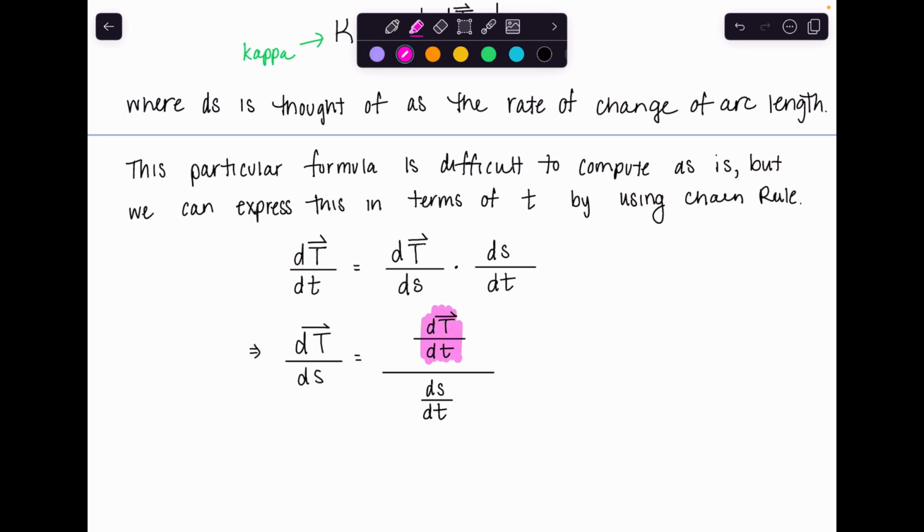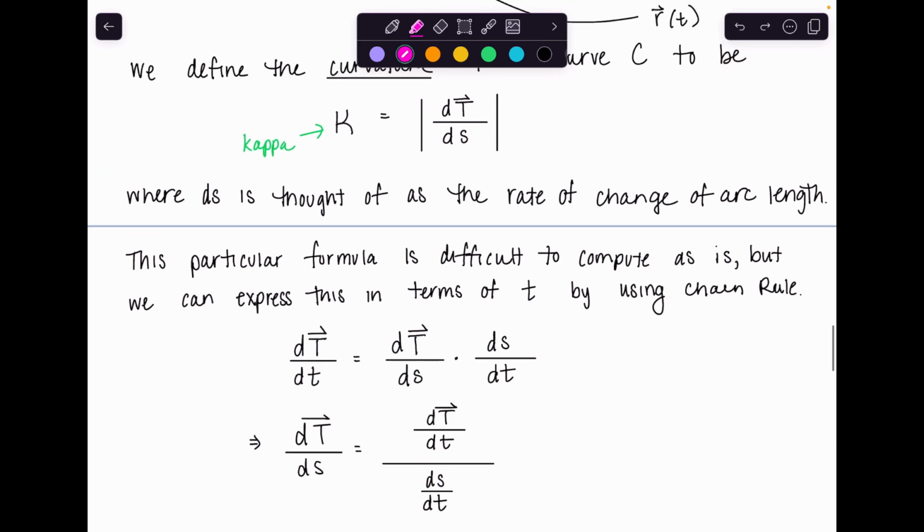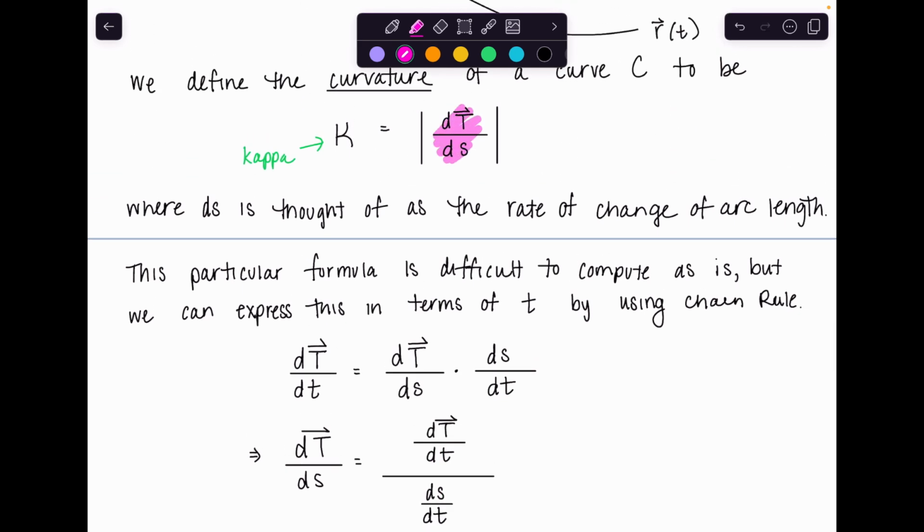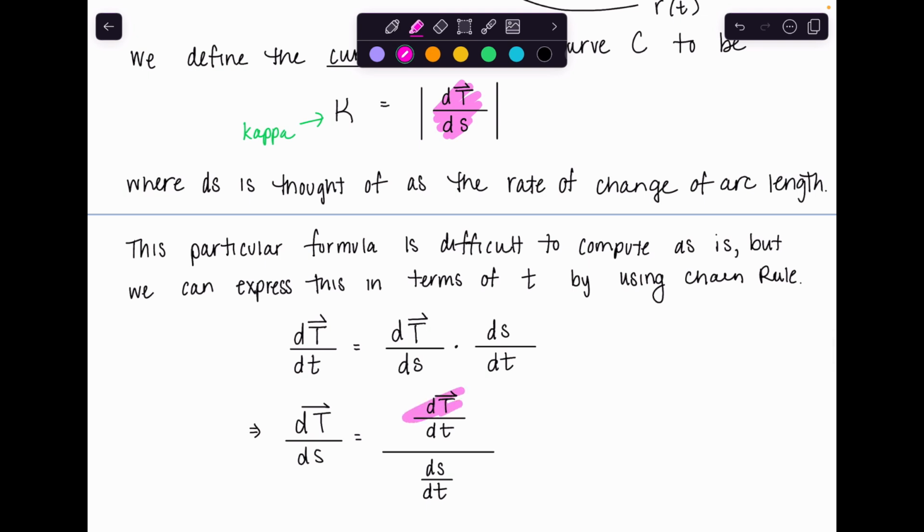This is just T prime. This, we've already figured out, is really just going to be r prime. So in my curvature formula, when I take the magnitude of this, it's the same thing as taking the magnitude of this.